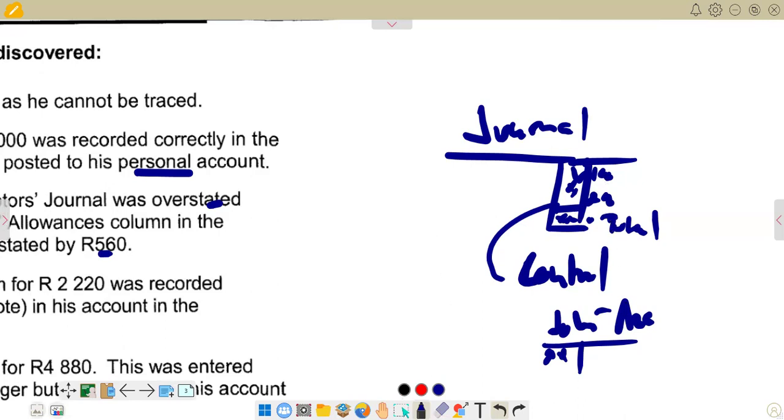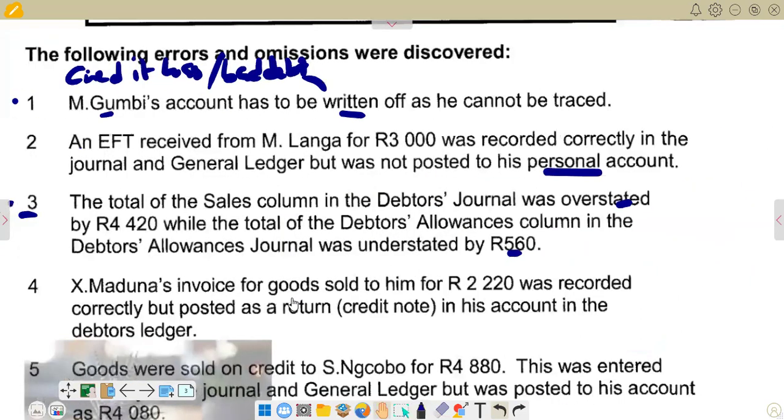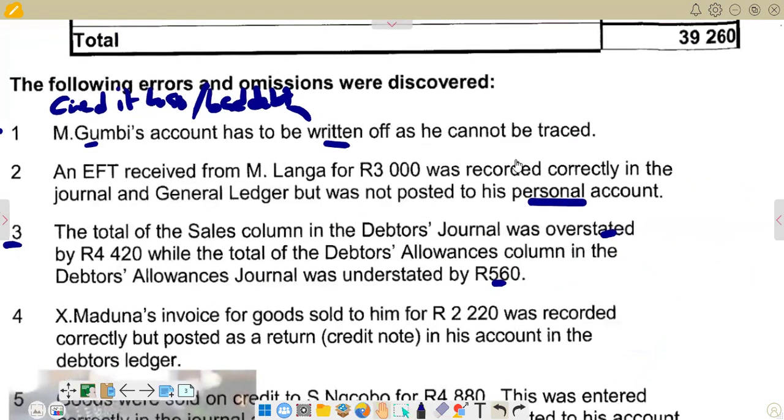So if you go back to our adjustment, which is saying an EFT received from Langa was recorded correctly in the journal and general ledger, but it was not posted to his personal account, what does it mean? It means the account of Langa was not posted with 3,000. You understand? It was not posted with 3,000.